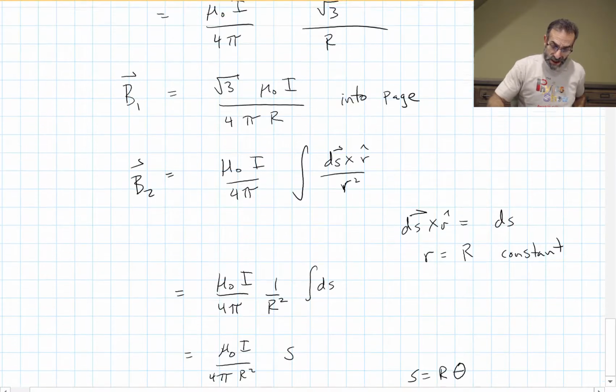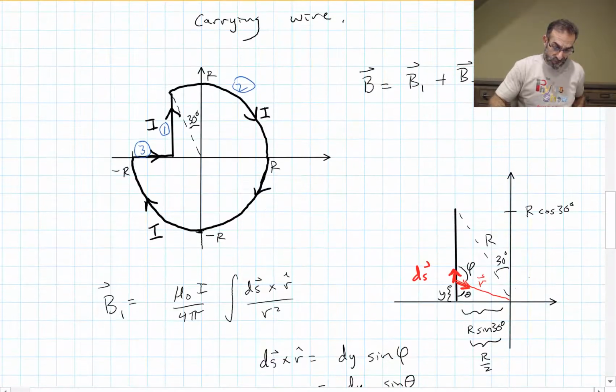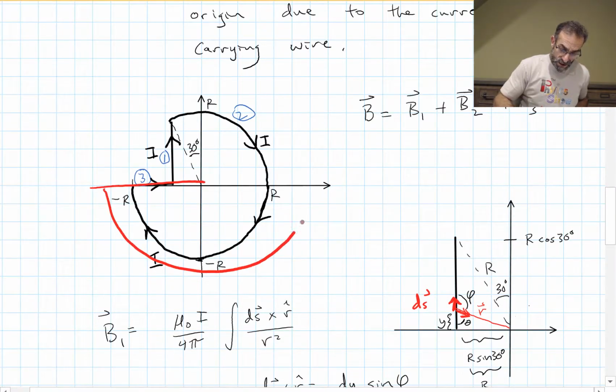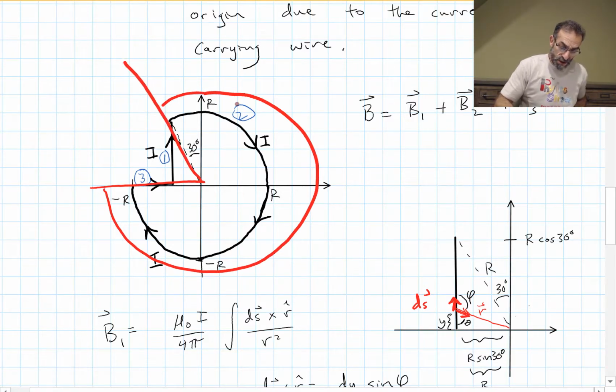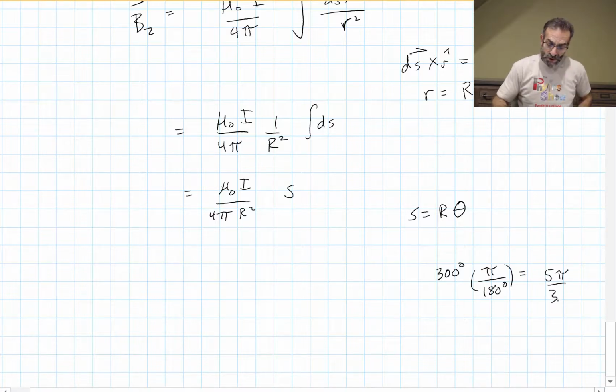And what was theta in this case? 90, 90, 90, that's 270 plus 30, 300 degrees. Of course, we have to convert that to radians.